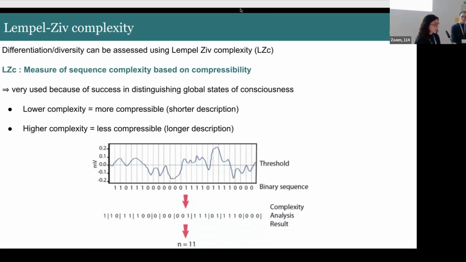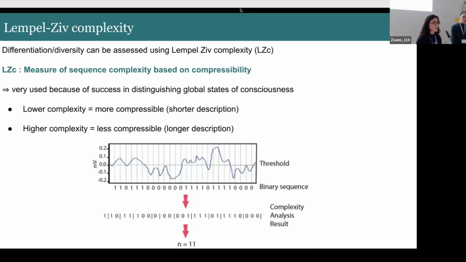It works by finding the shortest possible descriptions of a sequence by identifying repeating patterns for compression. The shorter the description of the sequence, the lower the Lempel-Ziv value. Conversely, a higher Lempel-Ziv complexity value reflects a lack of compressibility of the signal, and therefore can be interpreted as a richer signal with more types of patterns through time.